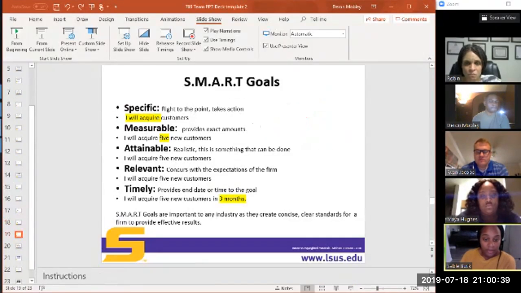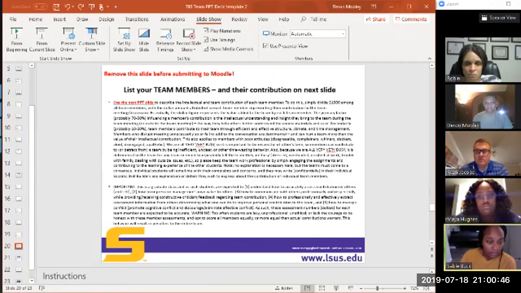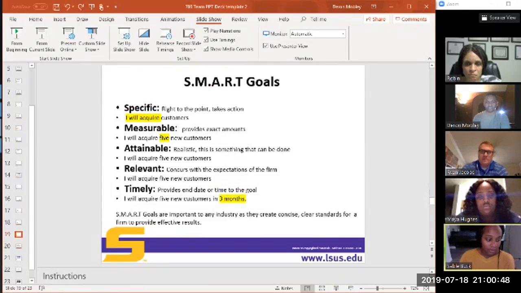Measurable, they provide an account for it, an actual number. Attainable, they're realistic. Relevant, they stick to the point of what your focus is. And timely, that puts a hard stop to it so that you don't linger on with your goals.